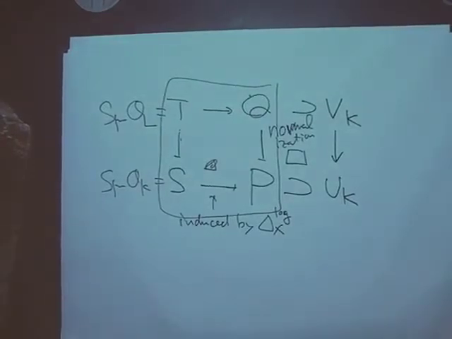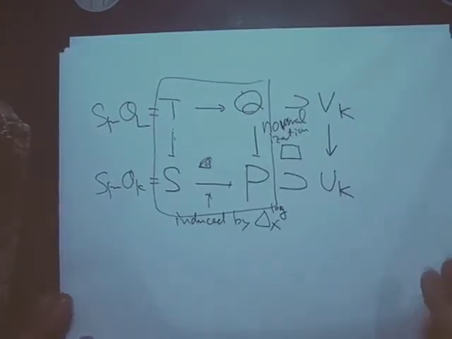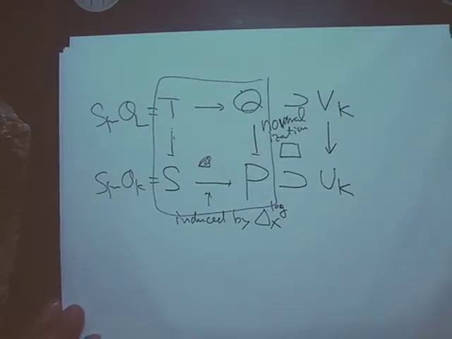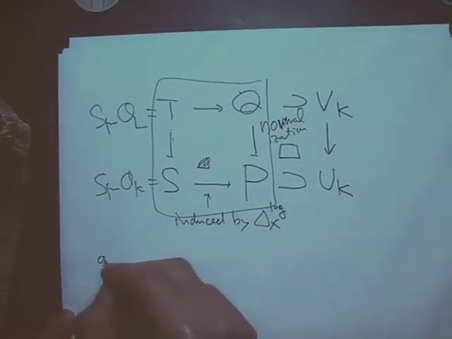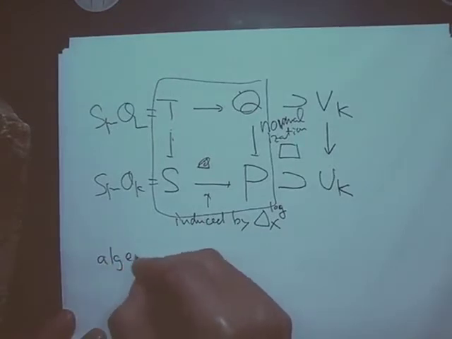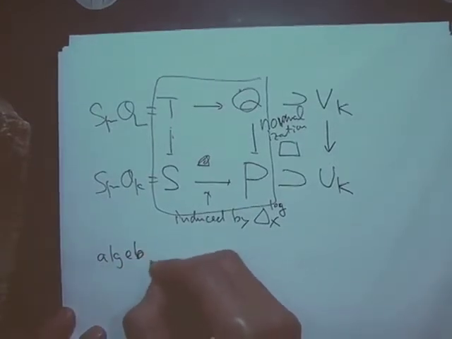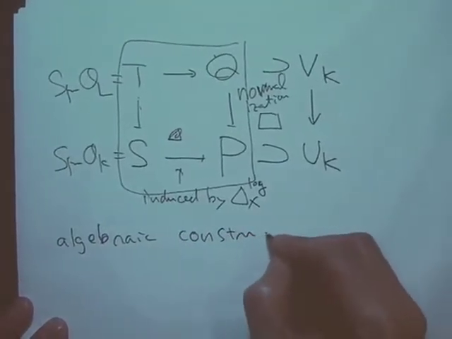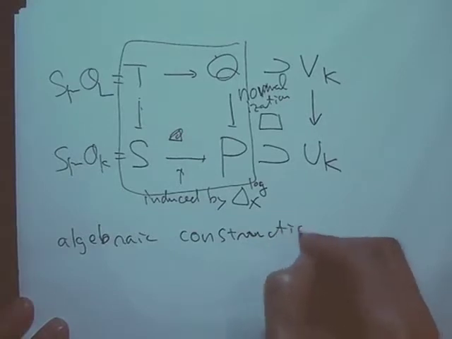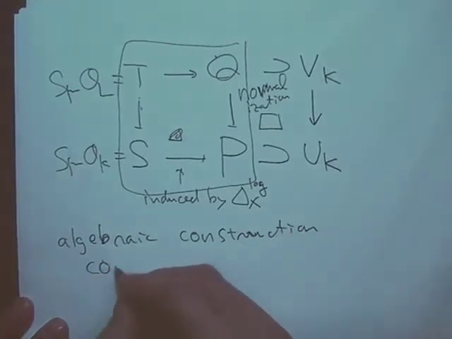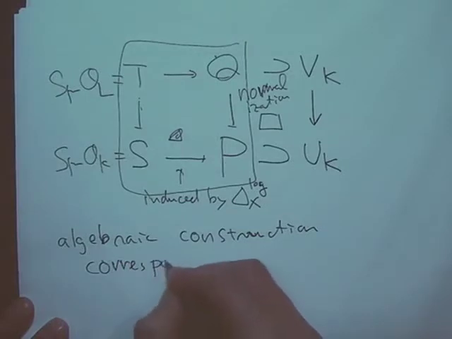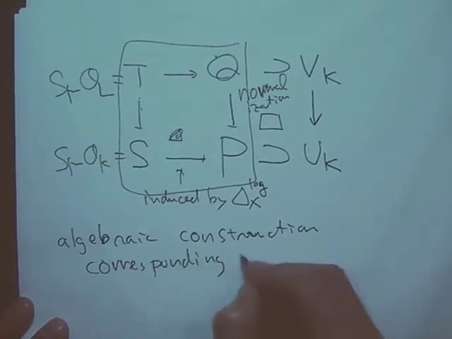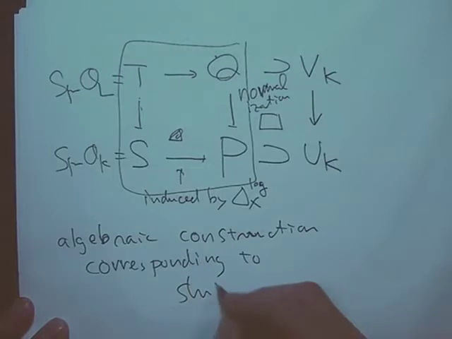And yesterday, after having such a diagram, what we did was to shrink the radius. So now we have to make an algebraic construction corresponding to shrinking the radius.